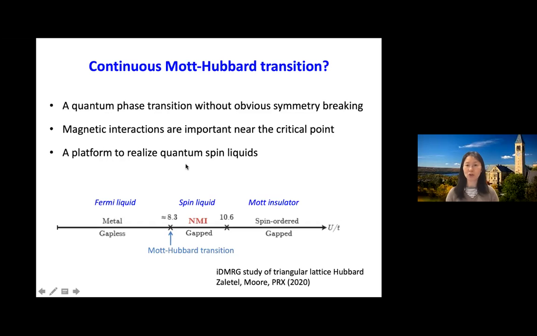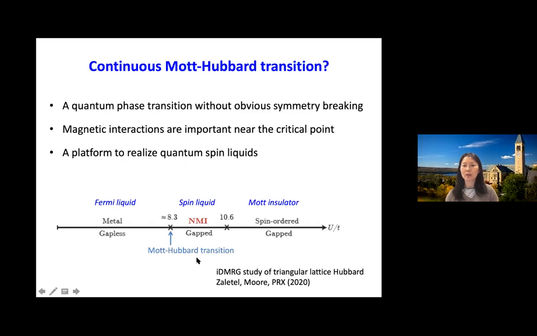I just want to show you this very recent numerical result for the single-band triangular lattice Hubbard model. At zero temperature, when you tune the U over t parameter, for small U over t we know it should be a Fermi liquid, and a large U over t should be a Mott insulator, and the transition occurs at this critical interaction strength.